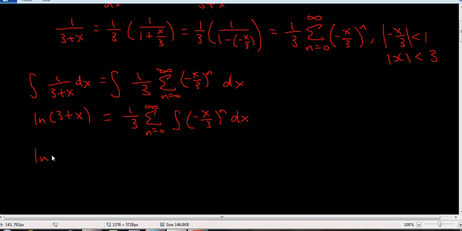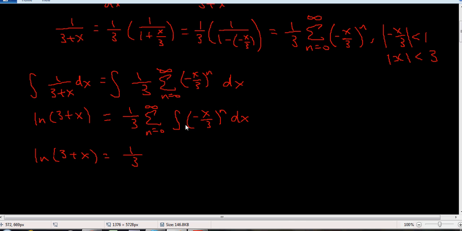So ln of 3 plus x is equal to 1/3. And now the issue is, I don't really know how to integrate negative x over 3 to the n. It kind of looks like a polynomial, and well, it is. But the negative thing is throwing me off.